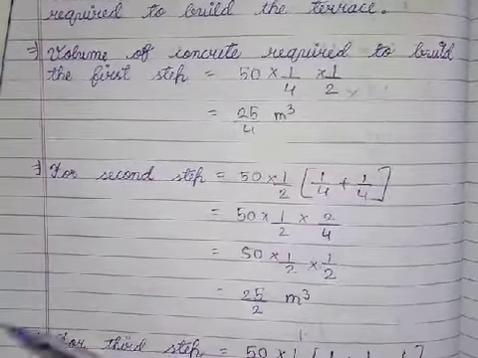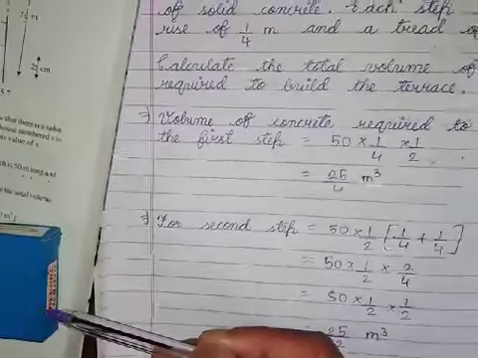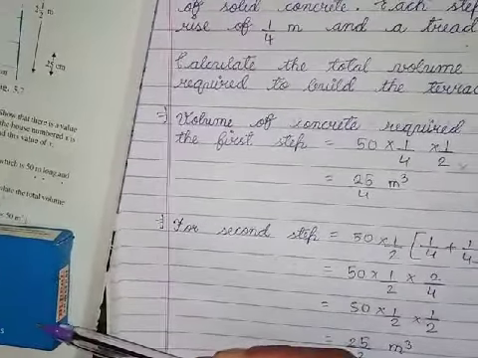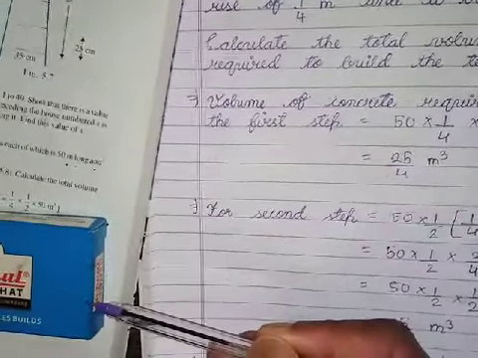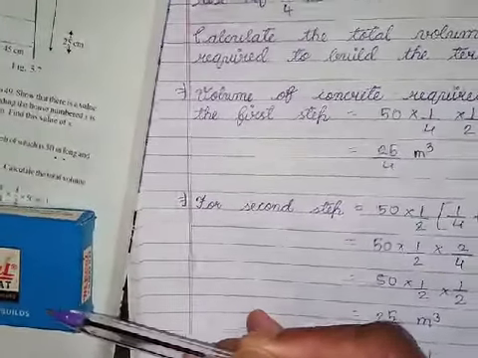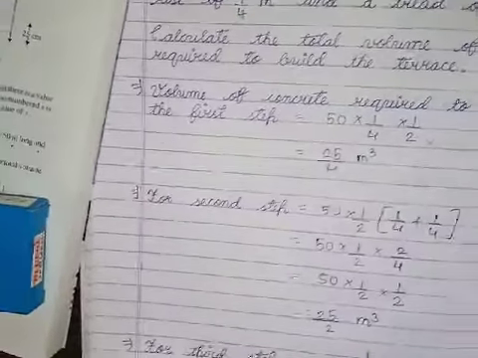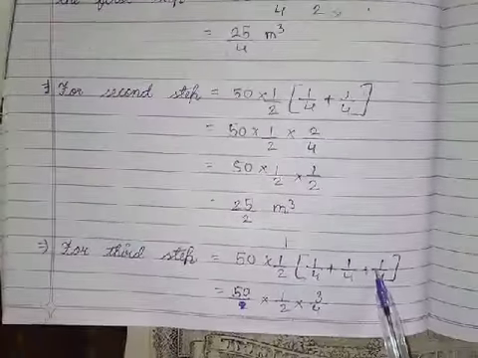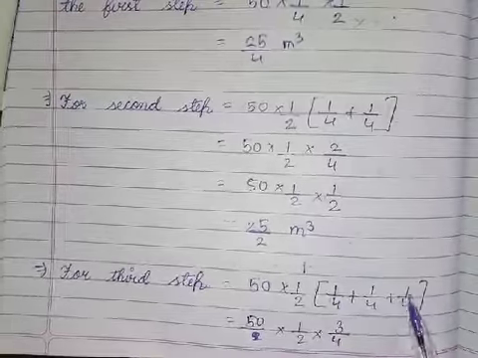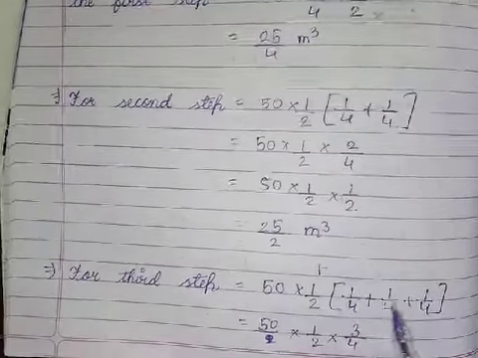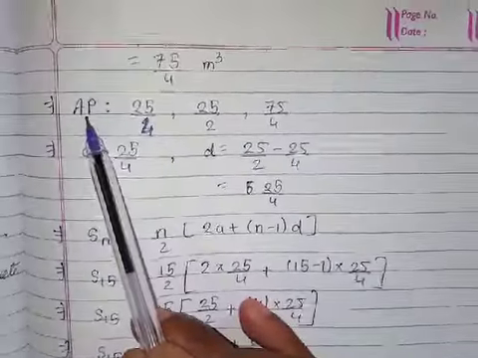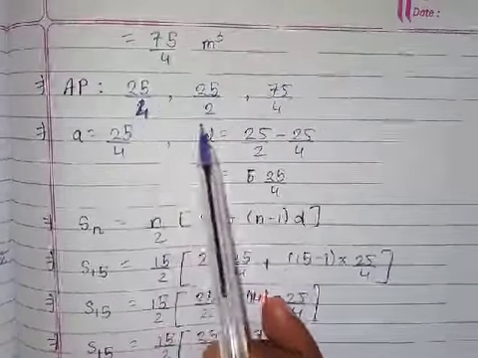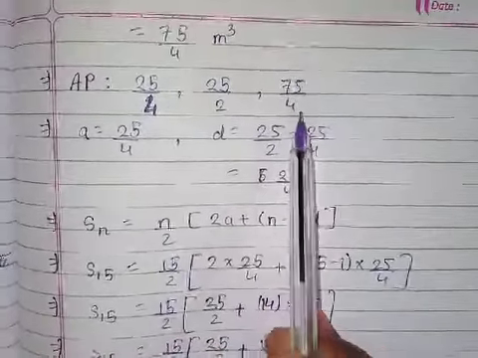For the third step, 50 into half into 3/4, which simplifies to 75/4. So we got the AP 25/4, 25/2, 75/4.